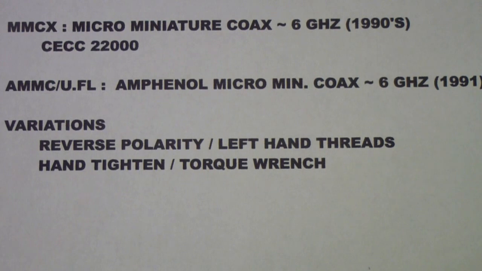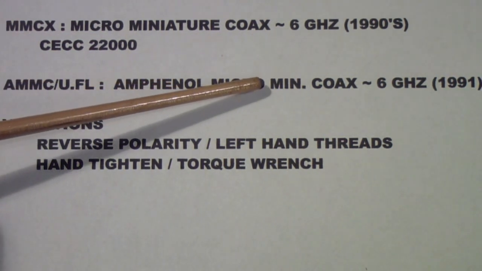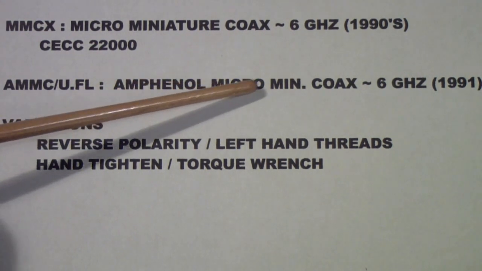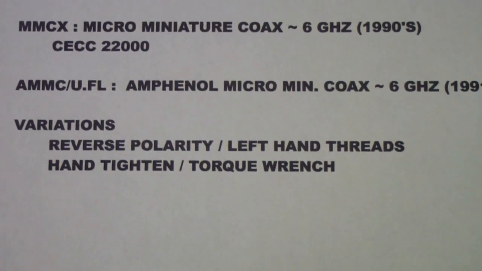As I mentioned earlier, this patent has now lapsed due to failure to pay maintenance fees, and since then, Amphenol and other manufacturers have begun making an equivalent. In the case of Amphenol, it's called the Amphenol Micro Mini Coax, or AMMC. These are not the same connectors.